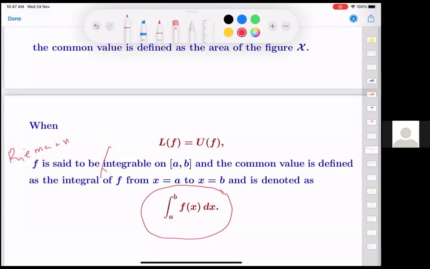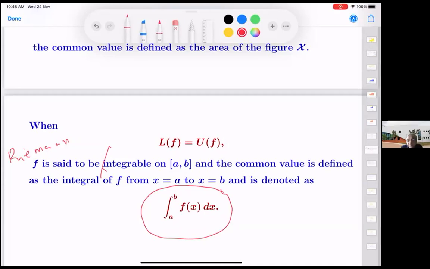Sir, to prove that a function is integrable, should we prove that LF equals UF for some partition of it? No, you have to show it for the supremum and infimum over all partitions; for a given partition the LF and UF may not be equal.